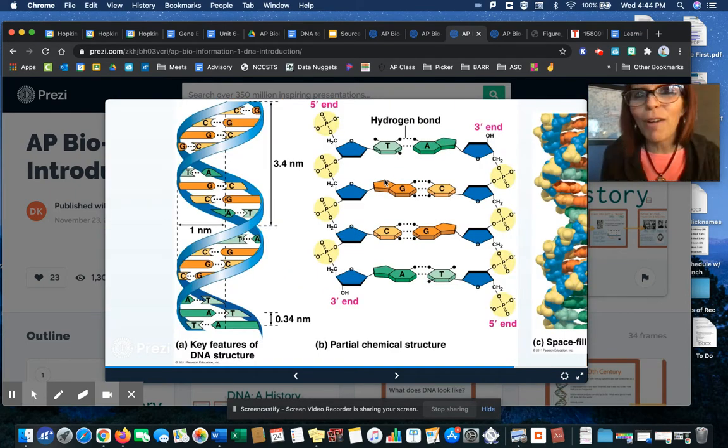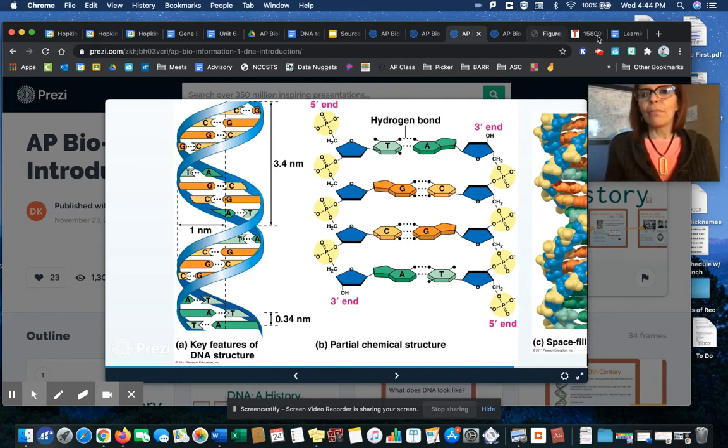There we go. I don't know why it all froze for a second. Okay, so the backbone of the DNA, which is the phosphate sugar, those are all covalent bonds. Those are called phosphodiester bonds. They're super strong. So the backbone of DNA and the backbone of RNA pretty much never come apart. Whereas these hydrogen bonds, super weak, and so they can pull apart very easily.